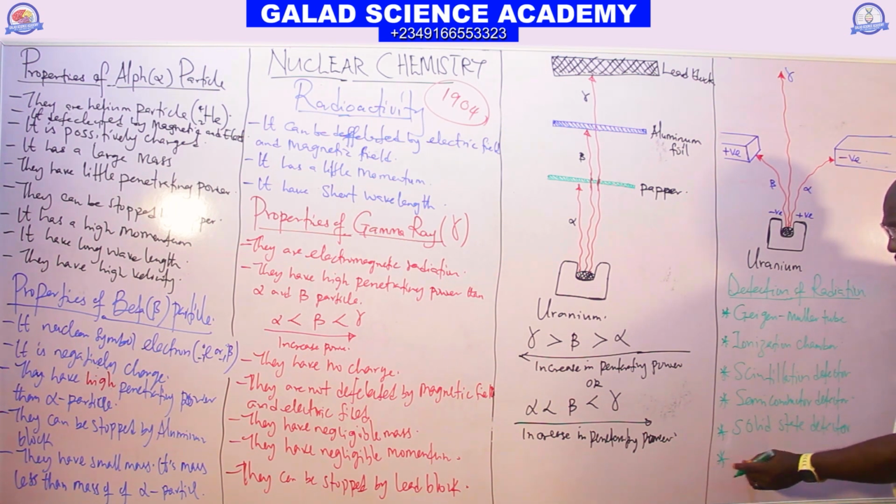Number six, we have the diffusion cloud chamber. Let me put one more: photographic plate.